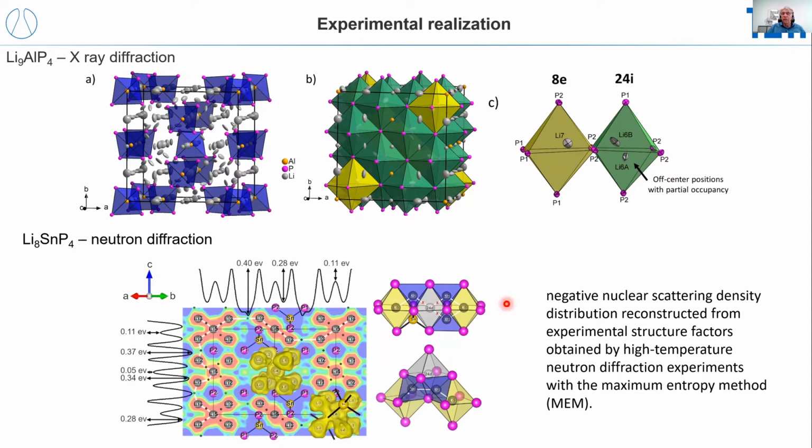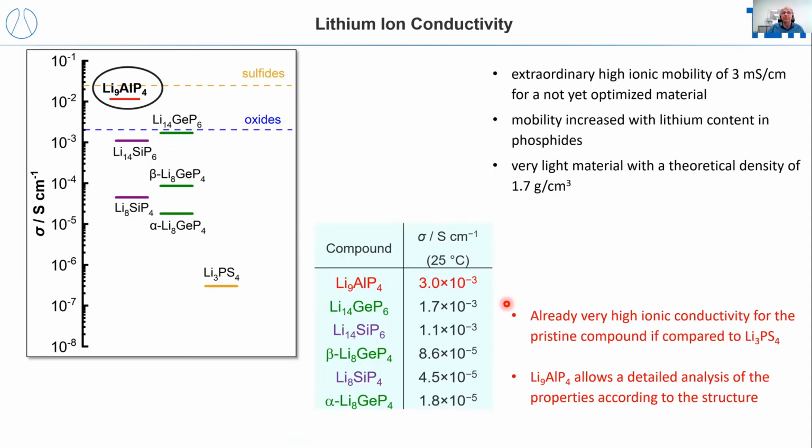Now we have a huge substance class, a totally new family of lithium-ion conductors, and they are all very good conducting materials. We do here impedance spectroscopy, and you see that this new compound family is made of pure compounds, this is not optimized like we see this in the sulfides.